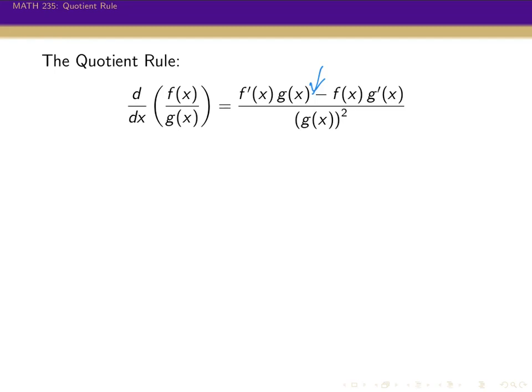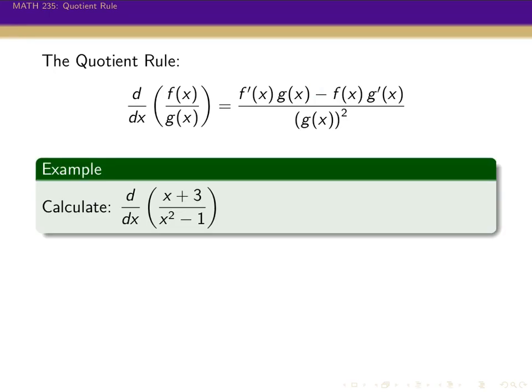And this is coming from the derivative of 1 over g of x making it negative, tossing a negative sign in there. So this is one of the main things to remember about the quotient rule, different from the product rule. Product rule has an addition in between it. The quotient rule has subtraction.